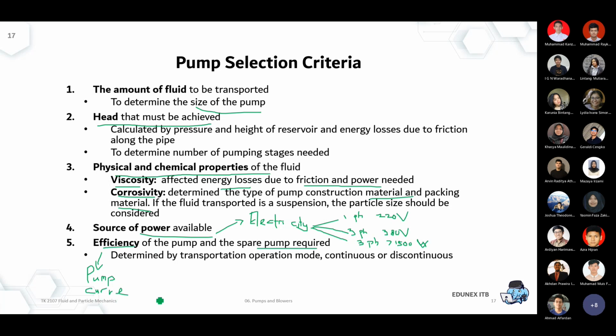And then in terms of the spare pump, it depends on the operation, whether it's continuous or discontinuous. I think I mentioned it before. Some common arrangement for a steady or continuous pump, maybe you will have something like this.